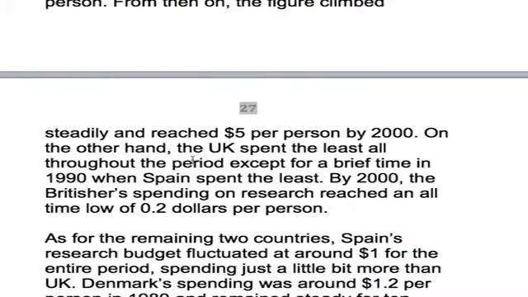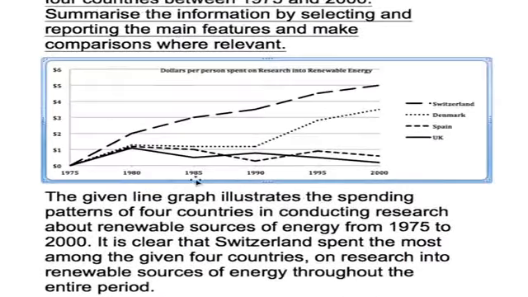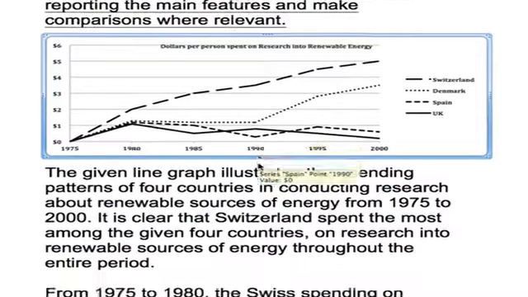On the other hand, the UK spent the least all throughout the period. Here, this dark solid line is for UK. It spent the least throughout the period, except for a short period around 1990 when it spent more than Spain.